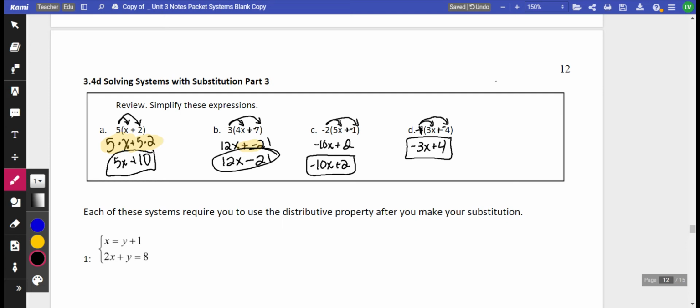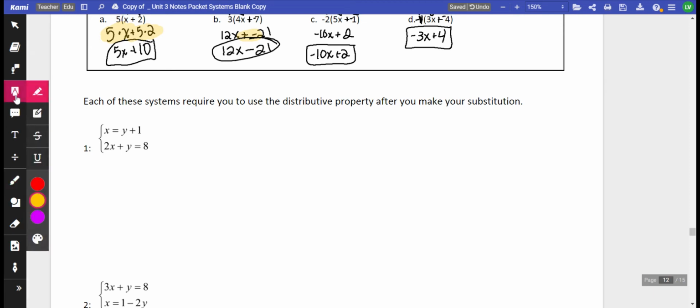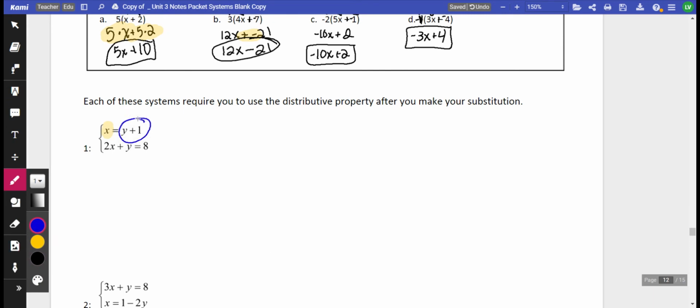So each of these systems requires you to use the distributive property after you make your substitution. So for number 1, we want to identify a variable that has already been isolated, or we might have to isolate one. If you notice in the first equation, our x is already by itself. So our x represents y plus 1.